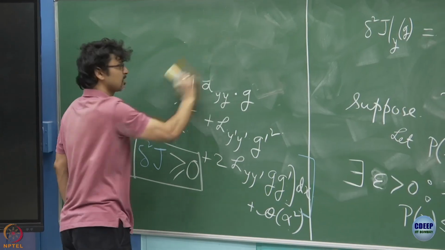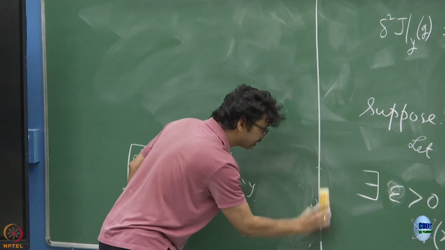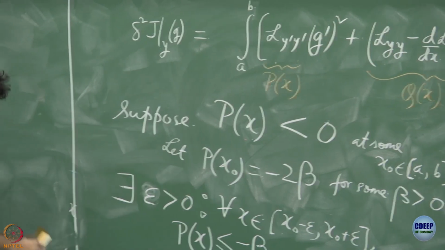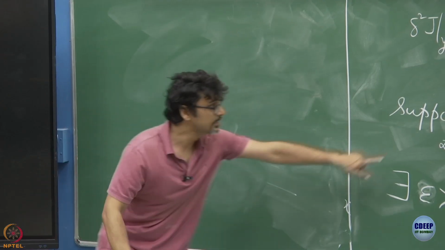We'll complete this maybe in the next lecture, but I'll just give you a candidate G for which this fellow still has to be positive, and I'll immediately show you that that won't be possible in this situation.